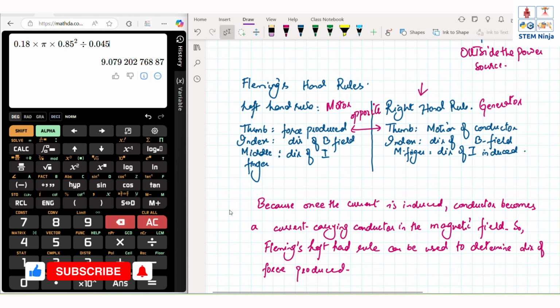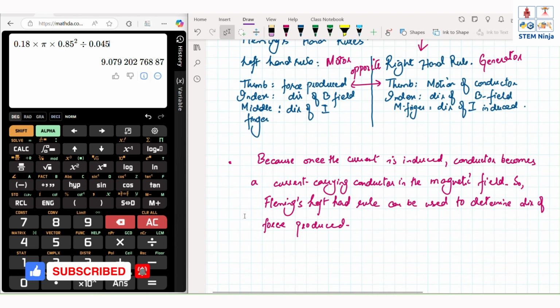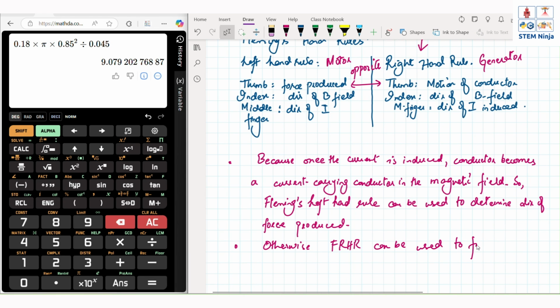Otherwise, just simply use the right hand. So otherwise, Fleming's right hand rule can be used to find the direction of induced current.